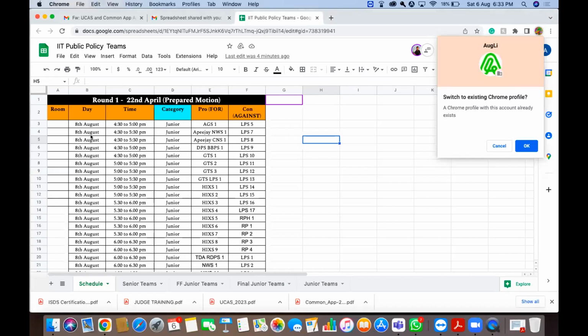So similar to the Excel you had seen, you'll have the date, the room to join, timing, category, who's speaking for and who's going against. When we circulate this PDF, please have a look, and do a Control F on your team name.